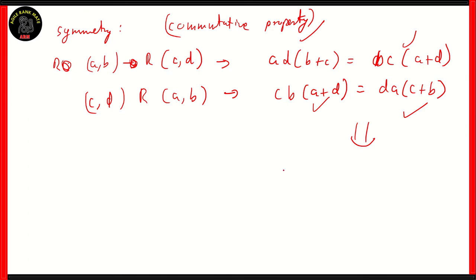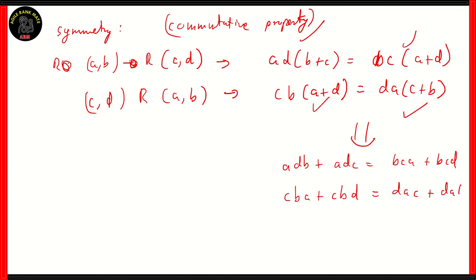So we get ADB + ADC = BCA + BCD, and the second equation would be CBA + CBD = DAC + DAB. Again, the commutative property means that all four of these are equal to each other. So therefore, R is symmetric.